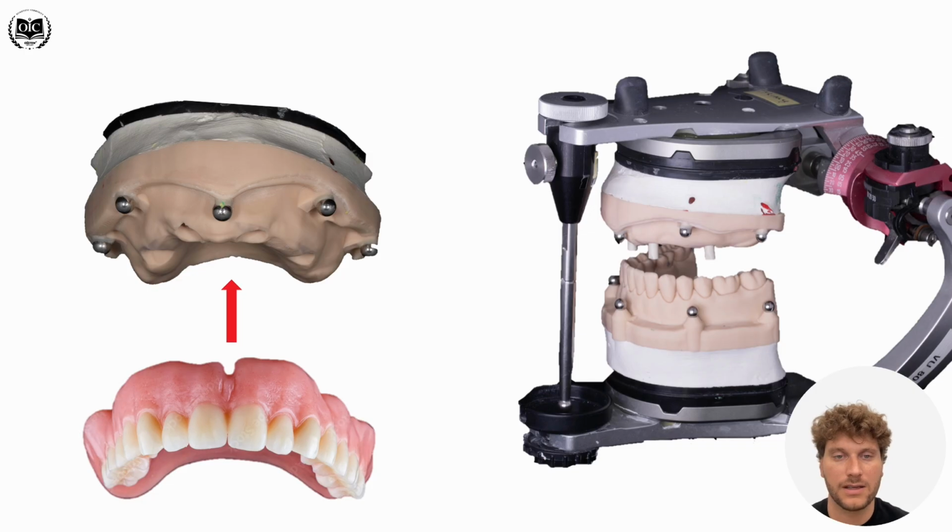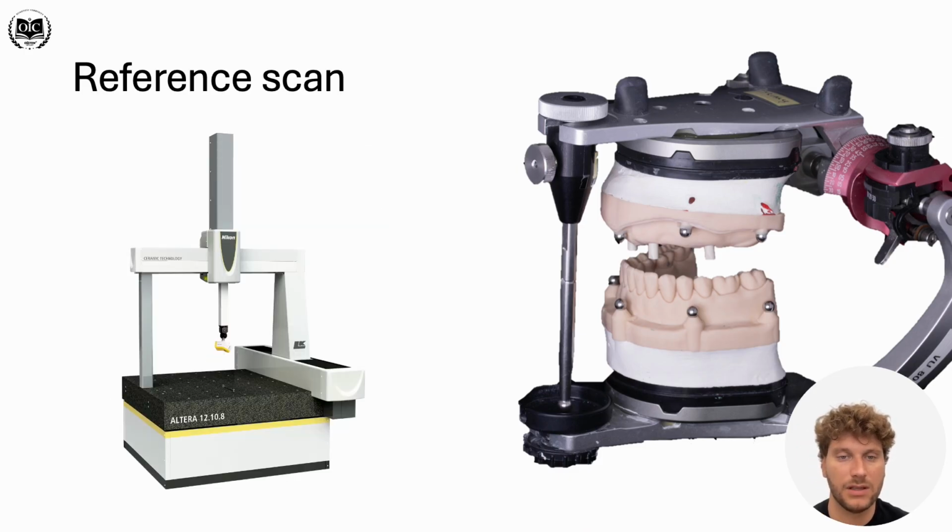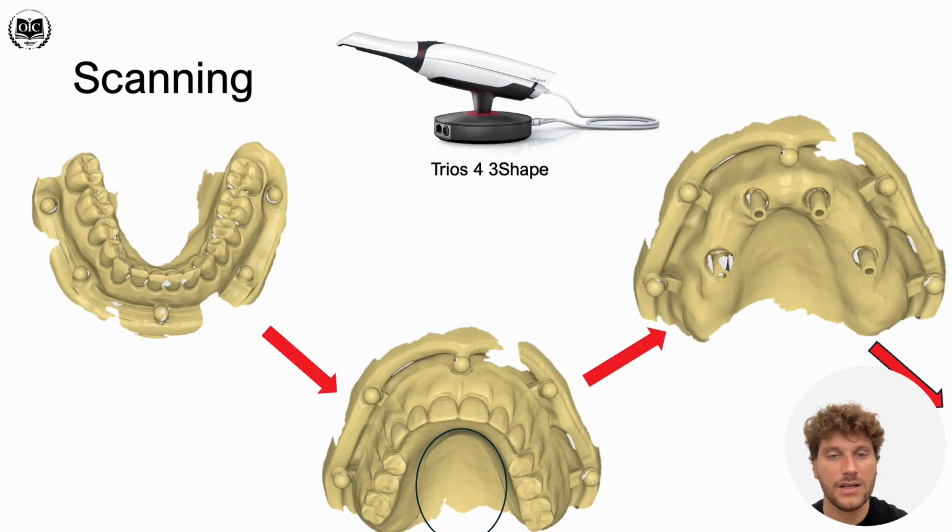In this research, we similarly articulated a few models into an articulator, used a metrological high accuracy scanner as a reference, and then we did a quite standardized scanning technique. So the lower jaw, the upper jaw with removable denture, with a cutout hole in the palatal area of the maxilla, then the usual and standard implant scanning protocol.